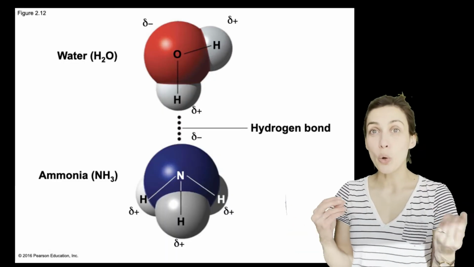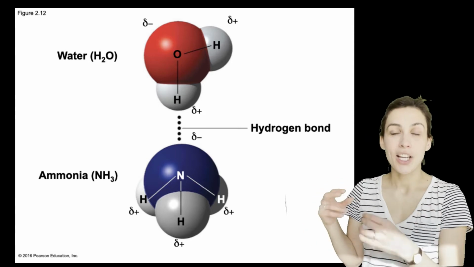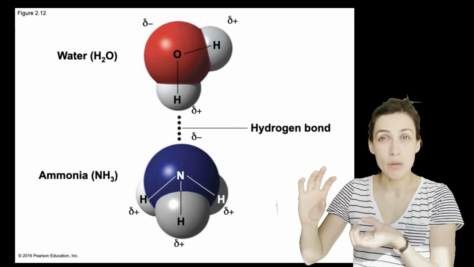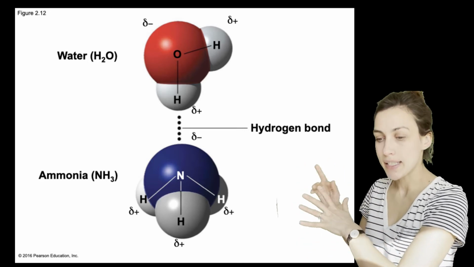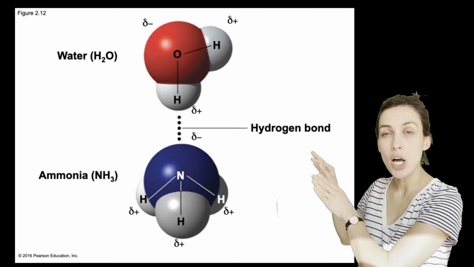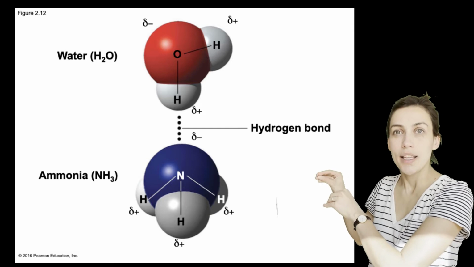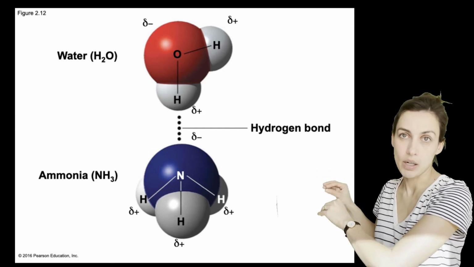Hydrogen bonds don't only form between water molecules, but between any two polar molecules where ends with opposite partial charge will attract to one another. And in this example, the positive end, see delta plus, the positive end of a water molecule is attracted to the partially negative end of an ammonia molecule.